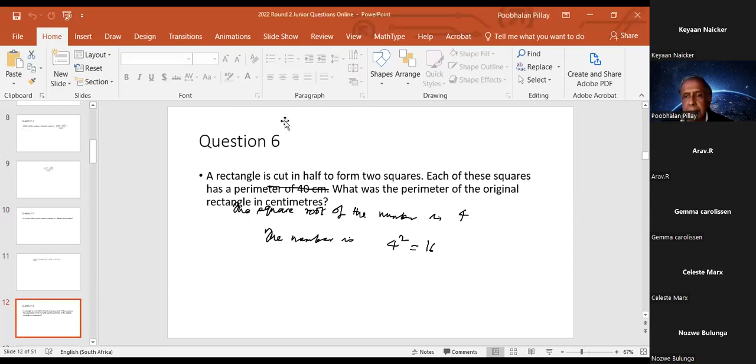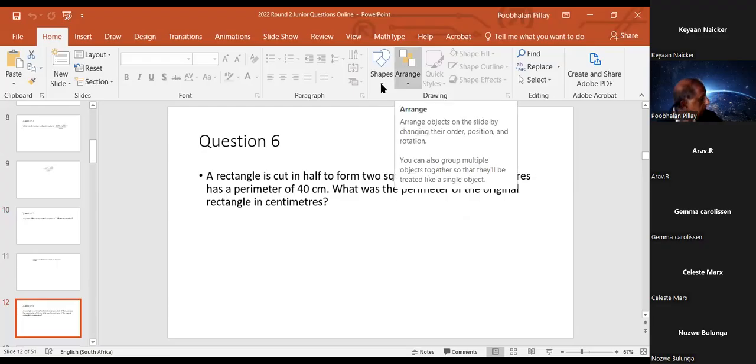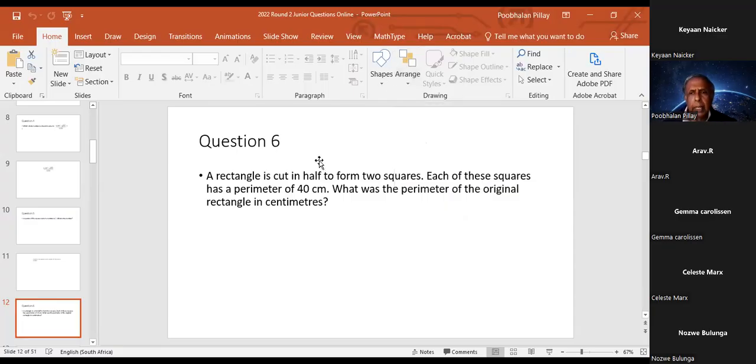So we move on to question 6. So question 6 says, a rectangle is cut in half to form 2 squares. All right, so that's a good indication of what that rectangle is. Let's draw a rectangle, and you want to cut it in half to make 2 squares.